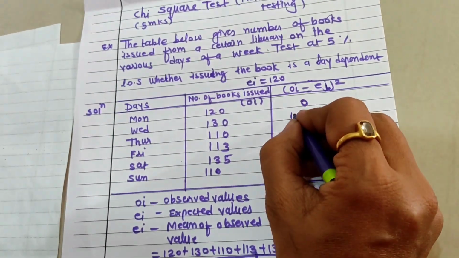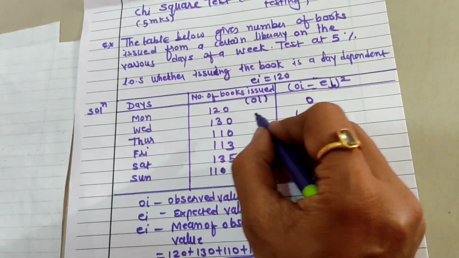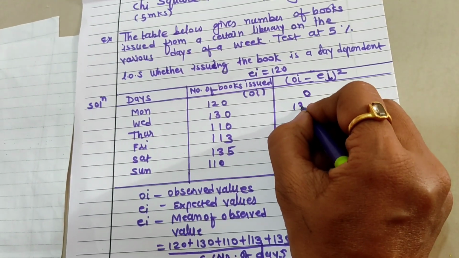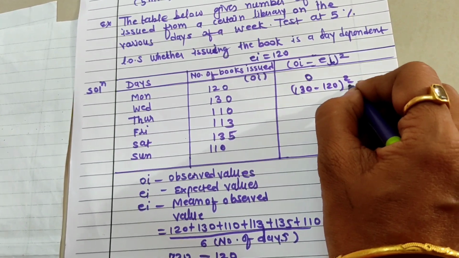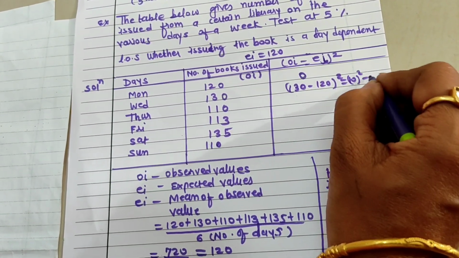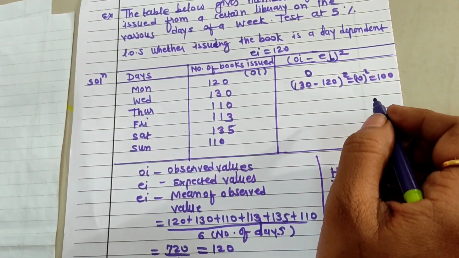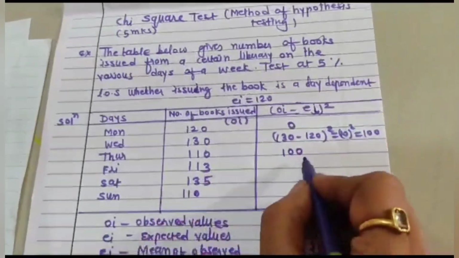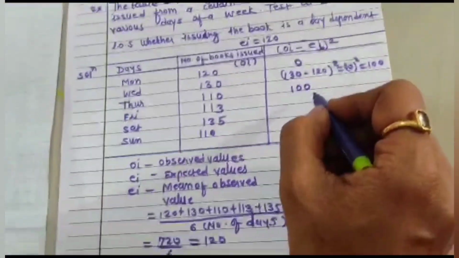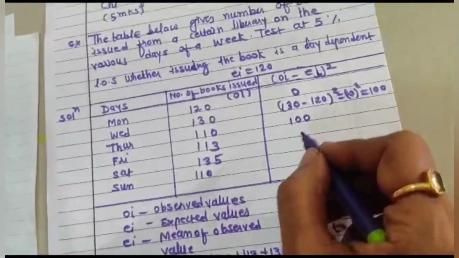Then 130 minus 120 square is 10 square, that means 100. In this way you have to make all the calculations. So for this value we got OI minus EI square equal to 100.